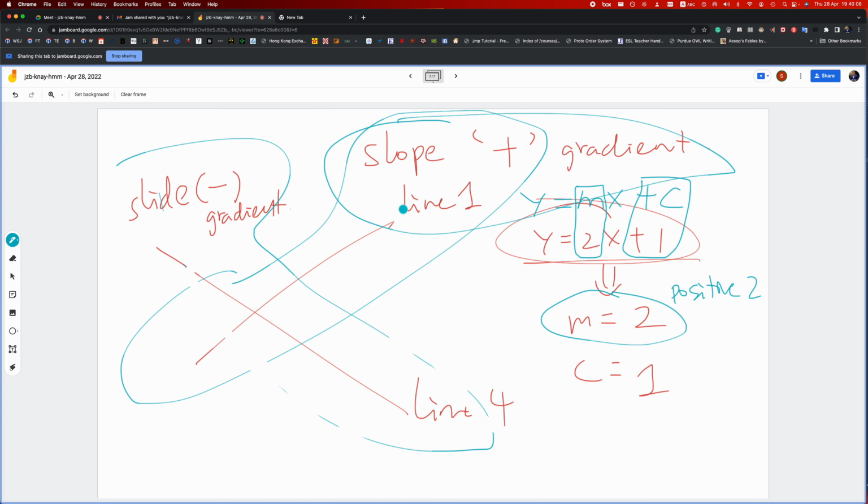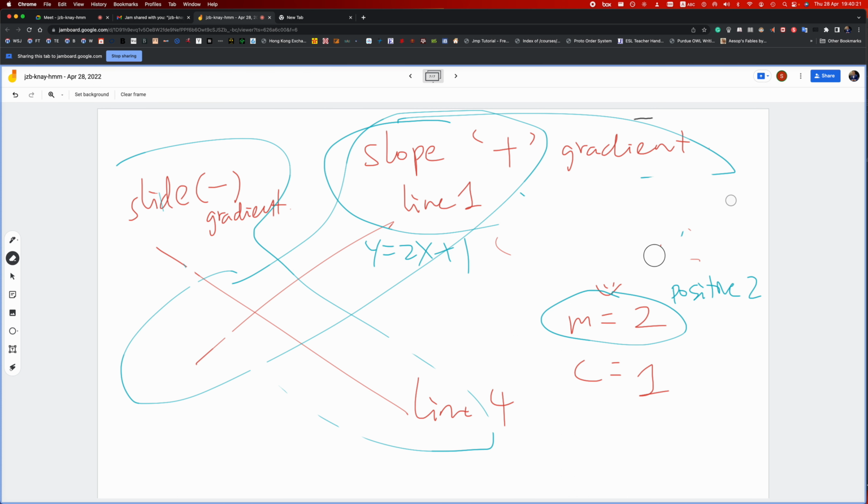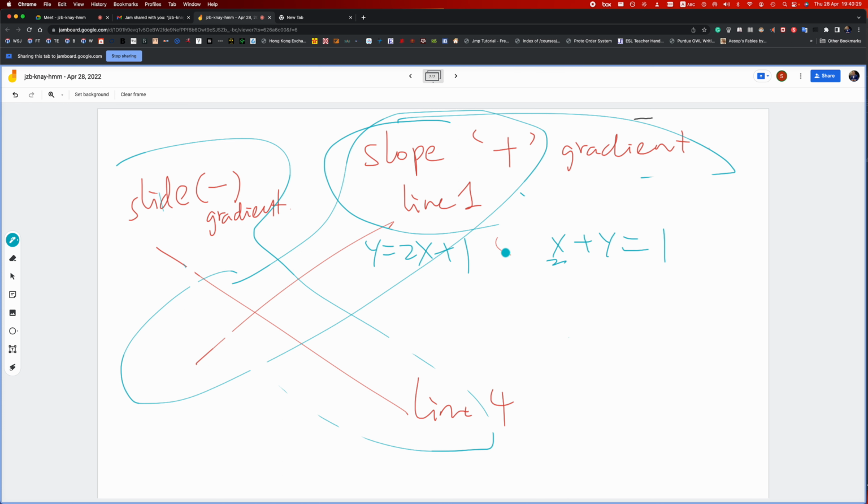So line 1 is y equals to 2x plus 1. Then the question for the other one is x plus y equals to 1. You move the x over, you get y equals to minus x plus 1.